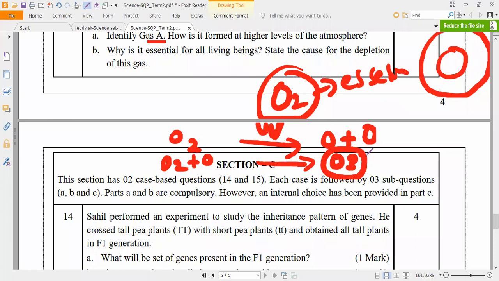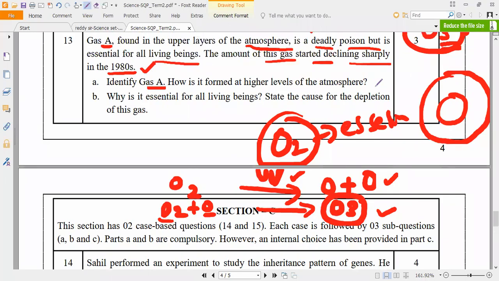So you can write O2, with the help of ultraviolet rays, splits into oxygen plus oxygen atoms. This oxygen atom combines with a molecule so that it forms O3. Clear, guys? Please respond. So that is how it forms at higher levels of the atmosphere.